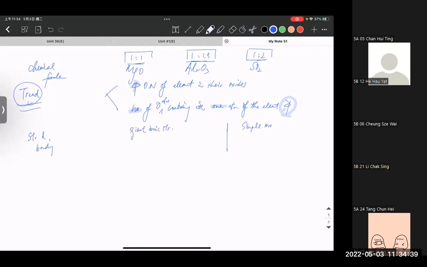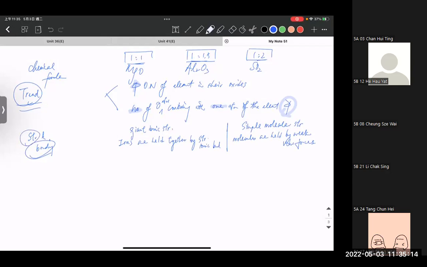So it's just the beginning. You have to tell furthermore about the bonding environment. Ions are held together by strong ionic bonds for this, while for this one, molecules are held by weak van der Waals forces. So you may need to mention bonding as well.